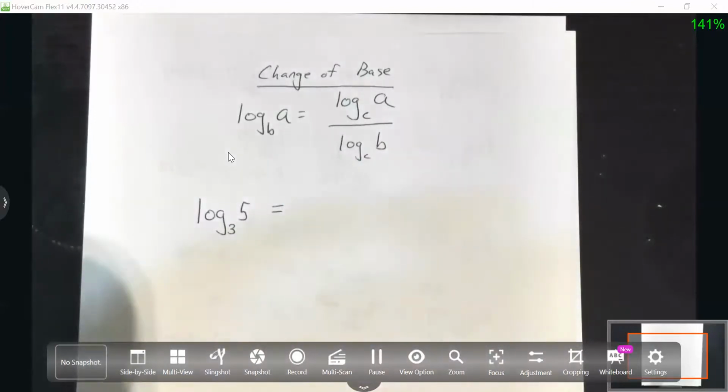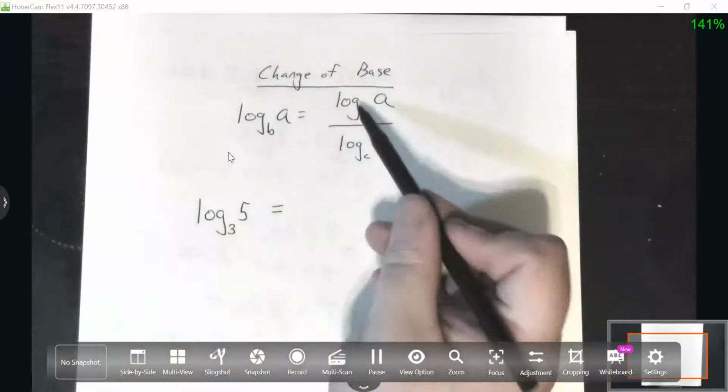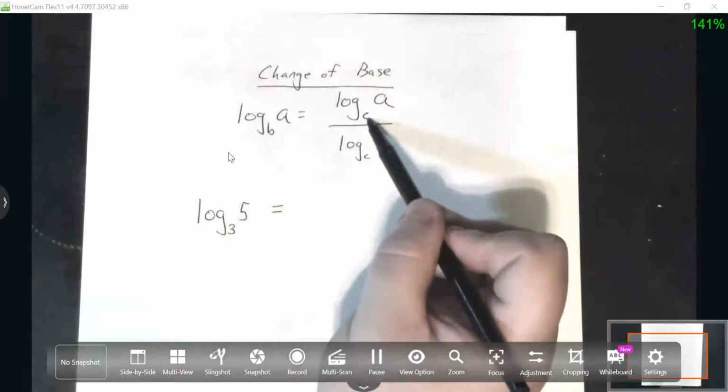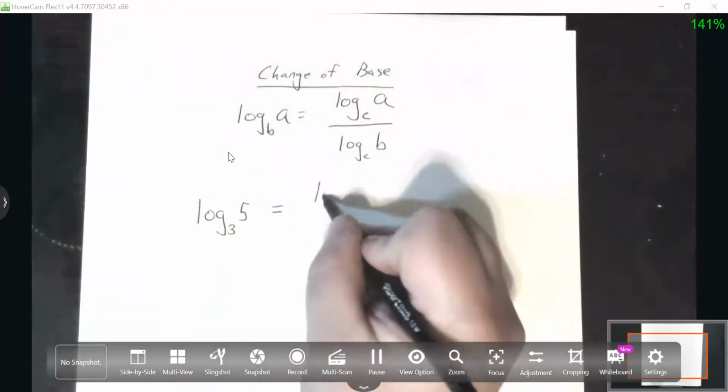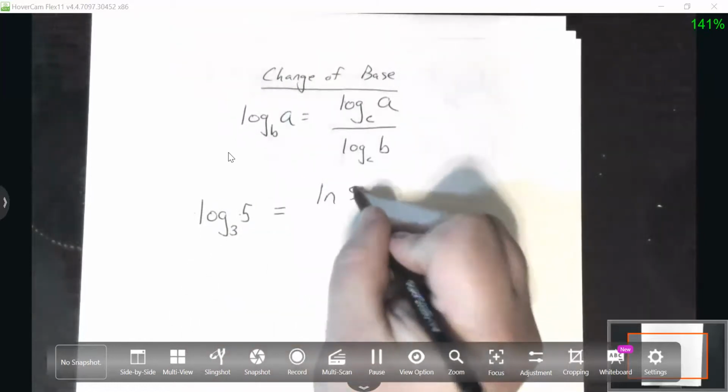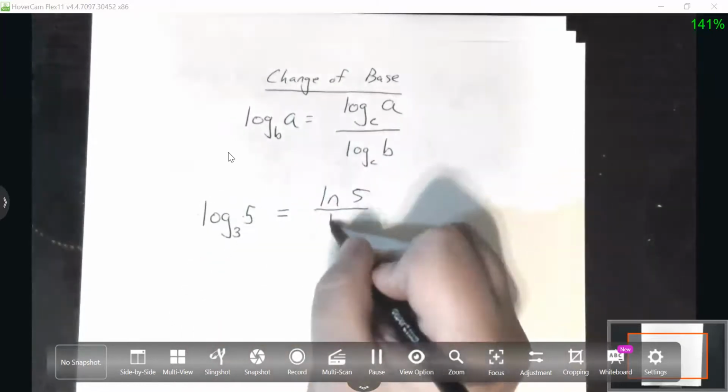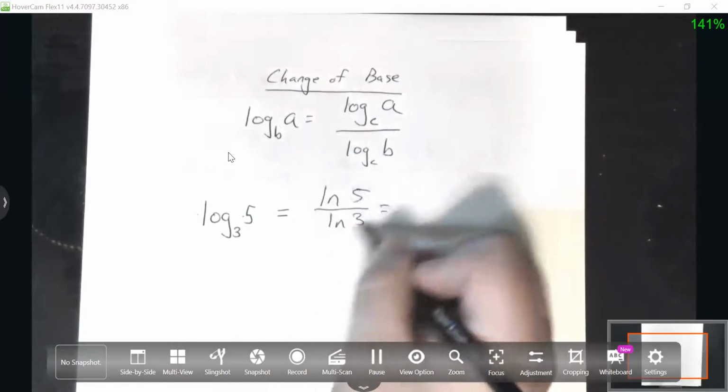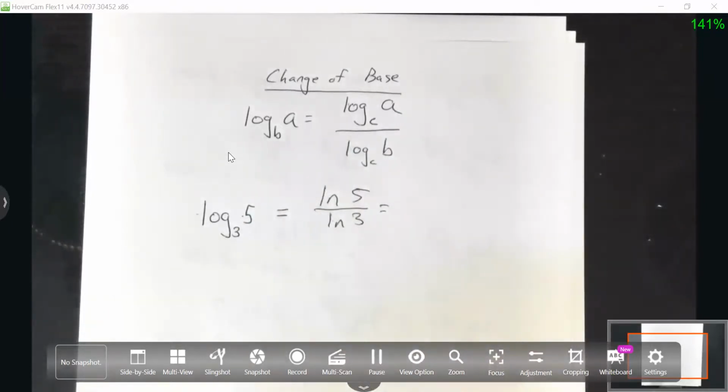So our calculator can usually do normal log base 10, or it can do natural log, log base e. I find over the years that ln comes up more often than normal log, so I tend to think in terms of just doing things with ln. So I'm going to use ln, log base e, to convert this. So I'm going to take the ln of our 5 divided by the ln of 3, and this is now something that we can actually type into our calculator and see what it would come out as.